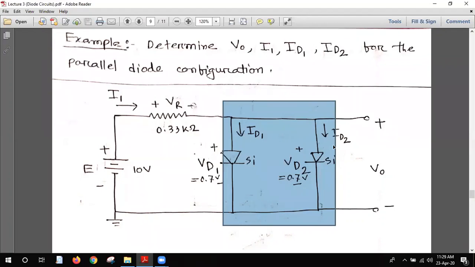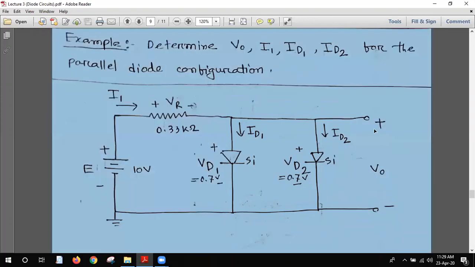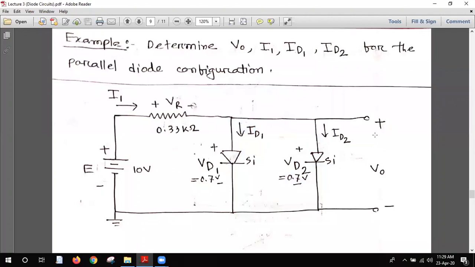So the question is to determine VO, the V output, the current I1 here, ID1, the current across the first diode, and ID2, the current across the second diode. So we need to find that out.